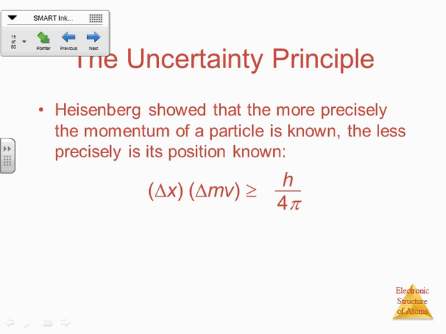It actually means that we can't know exactly where it is at any given time. In his equation here, the delta x is the change in position, and the delta mv, if you're in physics, that's the change in momentum. So this is position, and this is momentum.